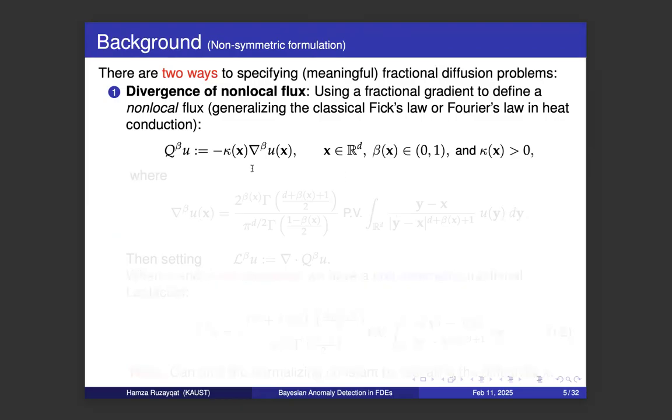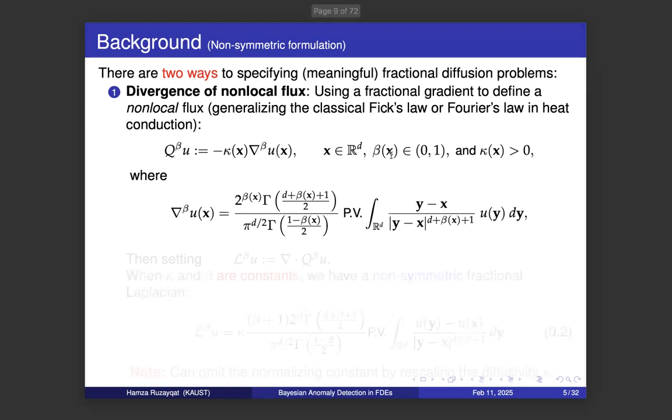The non-local flux q to the power beta of u is defined as minus the diffusivity field kappa times the fractional gradient of u, where beta of x is between 0 and 1 and kappa of x is bigger than 0. The fractional gradient is defined by this operator here. We have some constant that includes the gamma function, and d here is the dimension of the medium, which in our case is just 2.